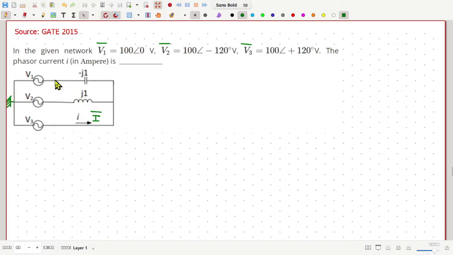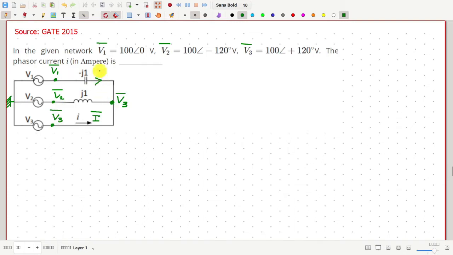Then this point is at V1, this is at V2, and this is at V3. Then this point is directly connected to V3, so this potential is also V3.